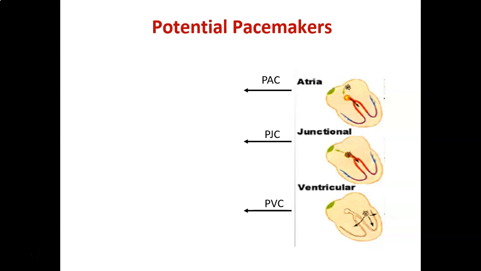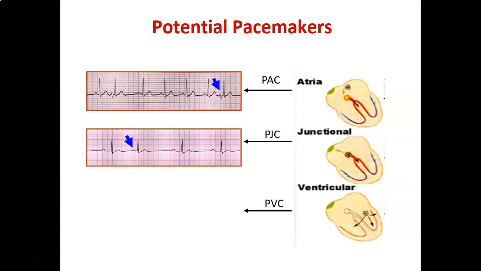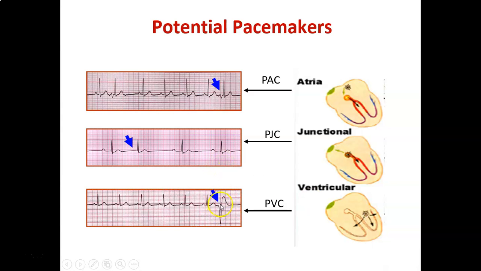The second mechanism which can be seen in case of ventricular arrhythmia is the potential pacemaker that can be found within the ventricle. So if one ectopic focus is present in the ventricle, it may produce the premature ventricular complex.